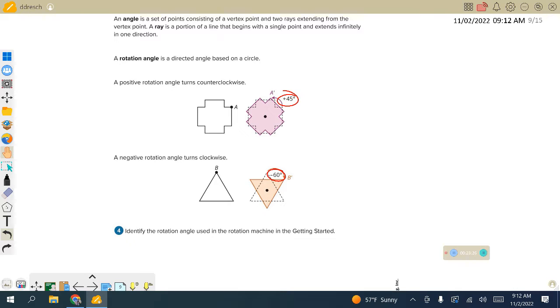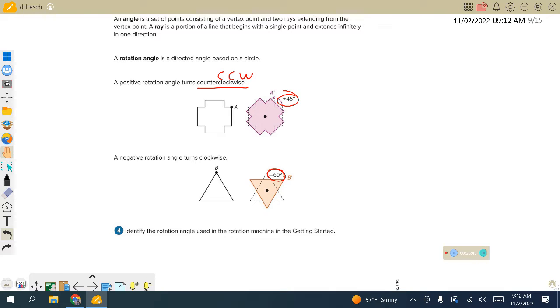So as we look at these 2 things here, this one went positive 45 degrees. That is our default. So that's our default, and when it's a positive rotation like that, we say that is a counterclockwise rotation. So you will not always see the counterclockwise label, or the shorthand, I will use CCW.